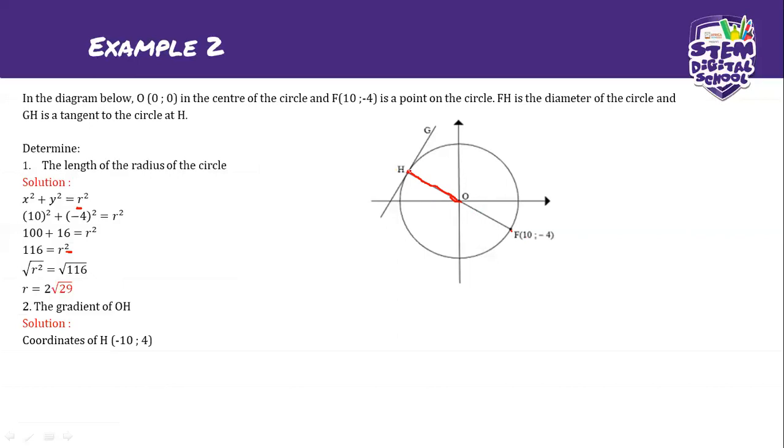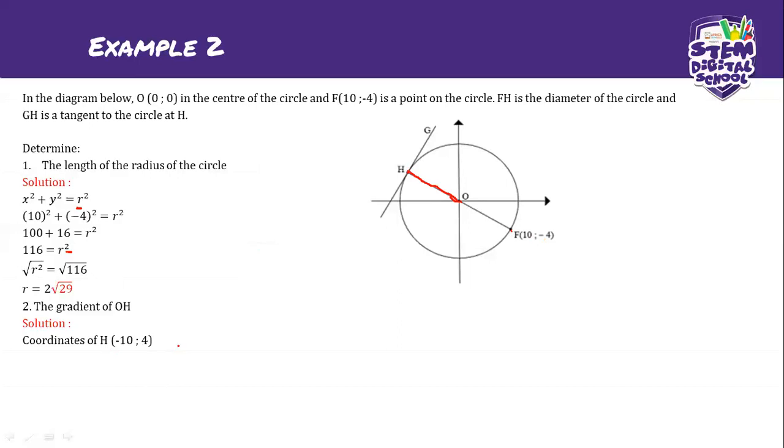The value of x is 10, here it is going to be -10 because x in this quadrant is negative. Here we have -4, and here it is going to be +4 because y in this quadrant is positive. We now have the coordinate of H.